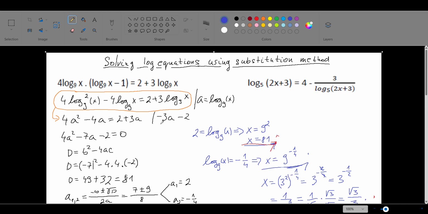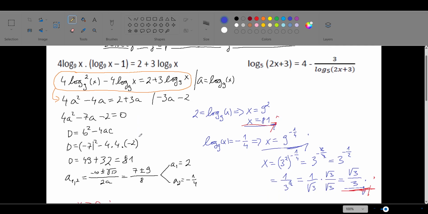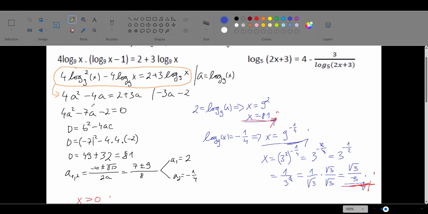As you see, the main goal of using the substitution is to get rid of a very tricky equation whose solution could be found only with difficulty, and this substitution very often leads to a quadratic equation, and we are able to solve this quadratic equation very easily.